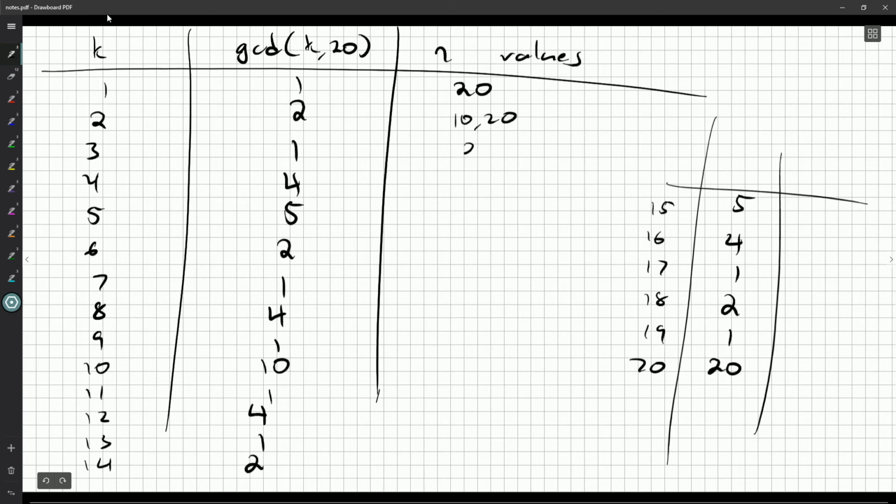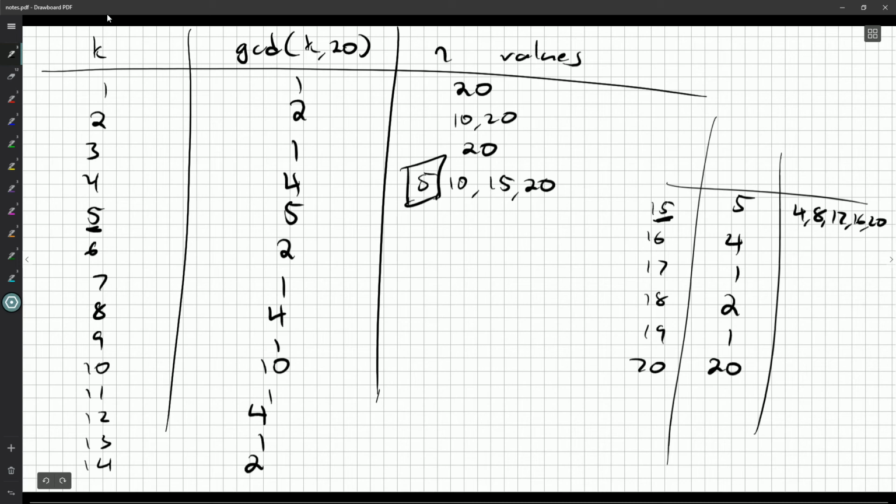For 20, the minimum n value would be 5. You could have 10 or 15 or 20, depending on how many pentagons you added in. So with 5 here, that's the same as 15 here. And we saw that was 4, but you could also have 8 and 12 and 16 and 20.